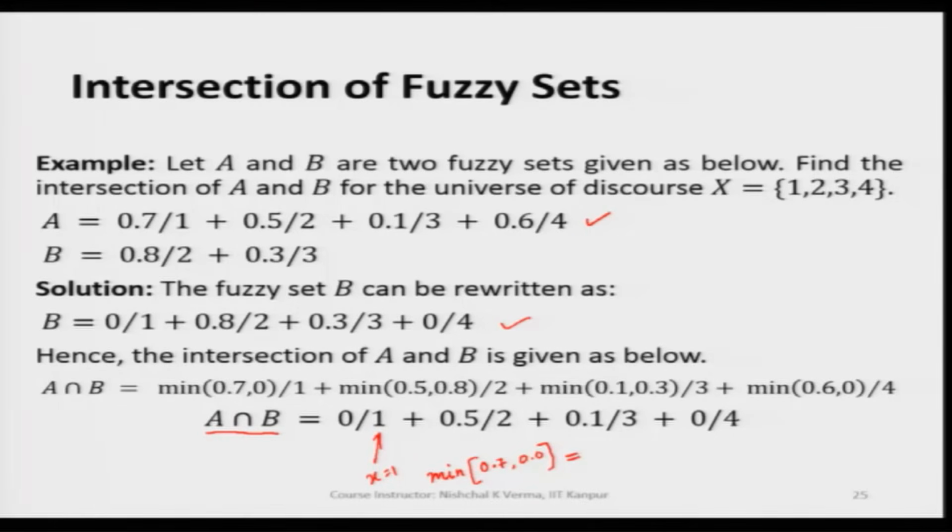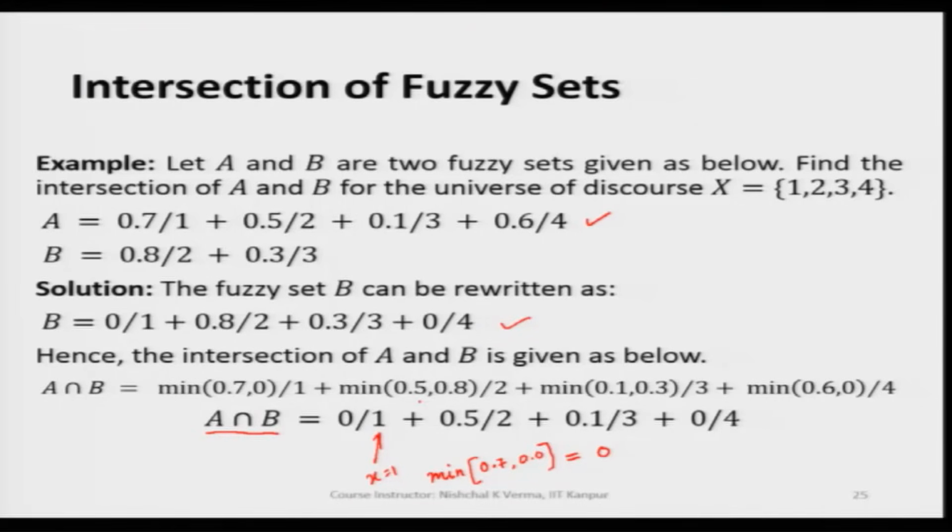The minimum of this comes out to be 0. That is why 0 has been mentioned here, although 0 is never written when we represent a fuzzy set, so this can be neglected.